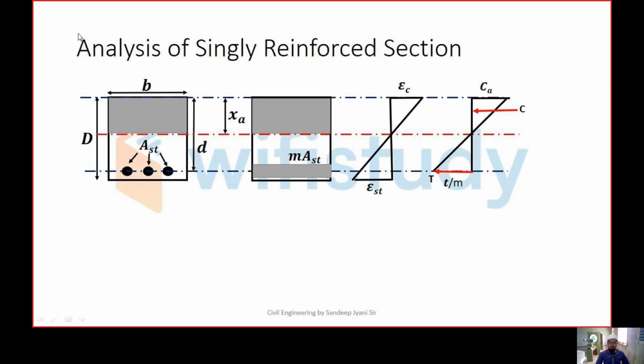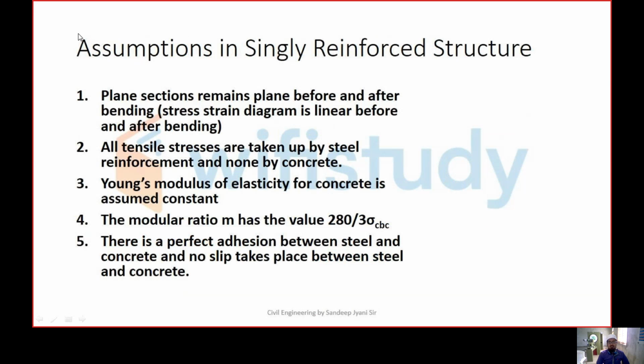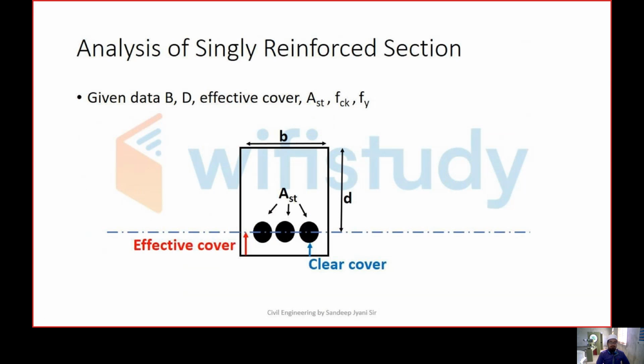If a slip takes place between steel and concrete, what happens? Obviously, it will be subjected to failure. And coming to analysis of a singly reinforced section, there is effective cover, and there is a term also known as clear cover, which is nothing but the nominal cover.